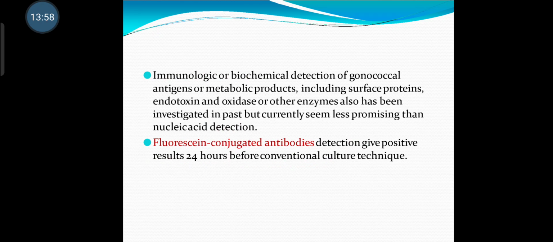Immunological and biochemical detection of gonococcal antigens, including surface protein, endotoxins, oxidase or other enzymes, can also be investigated, but they are less promising or effective than nucleic acid detection. Fluorescein conjugated antibodies are used to give positive results 24 hours before the conventional culture technique.